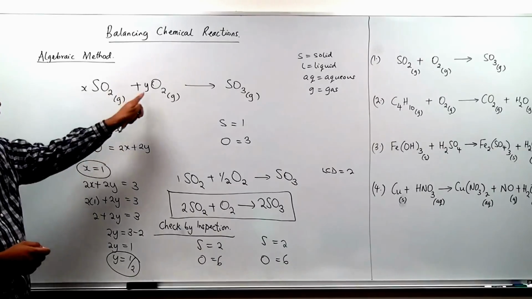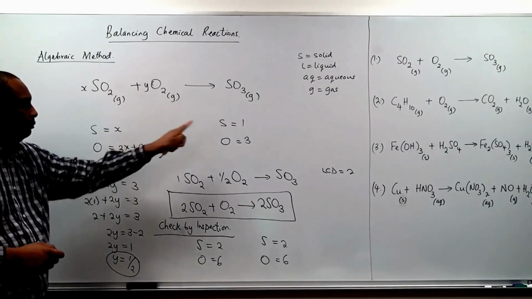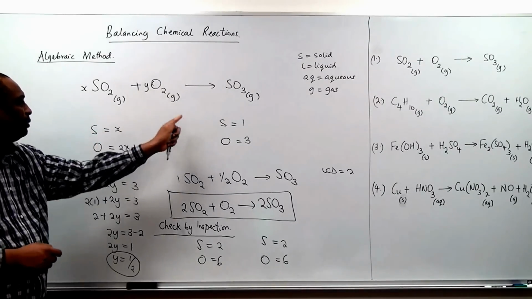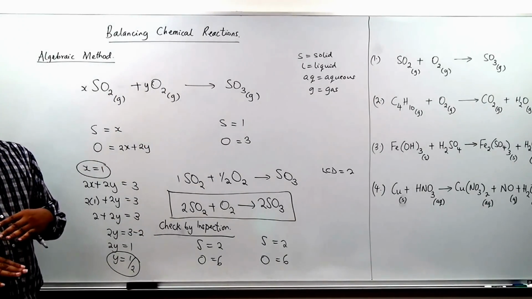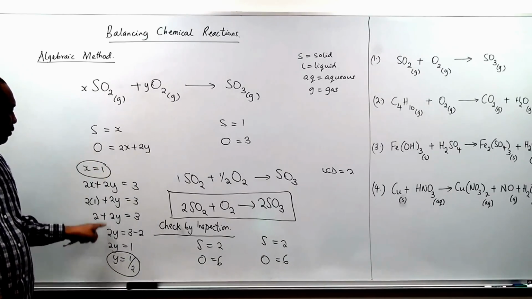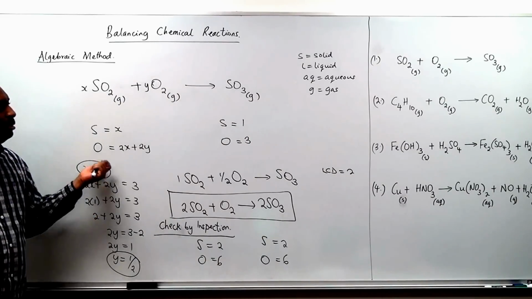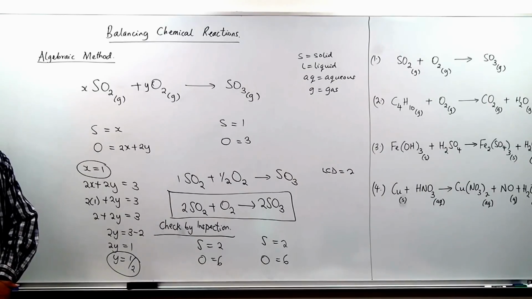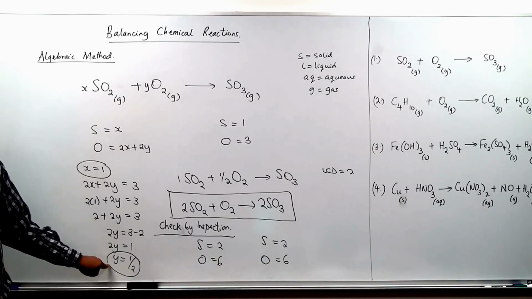Remember what I did? I placed variables here, and I equated those variables. So we are using variables, and then we do inspection, and then we solve algebraically. Of course, you should also be able to solve linear equations.